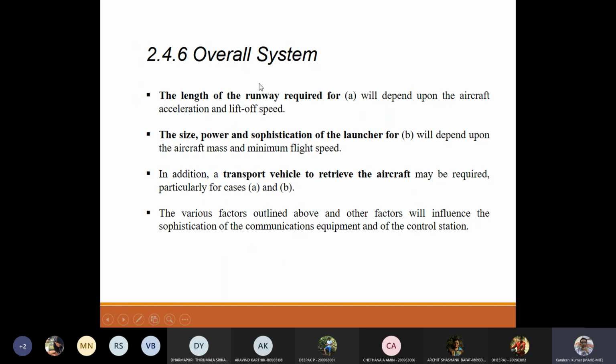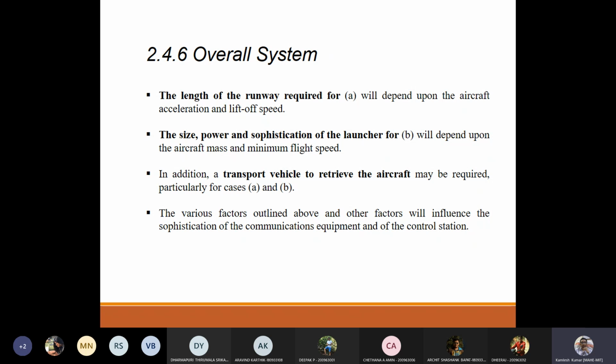So if there is a runway length requirement, then of course you need a minimum speed, correct? Minimum speed for generating the lift. So how long a runway is required for getting that speed? That is also important. When they are going to land also, they should have minimum speed, correct? It's not like it decreases further. Of course they should have at least the minimum speed to have lift to sustain the aircraft in the air, correct?